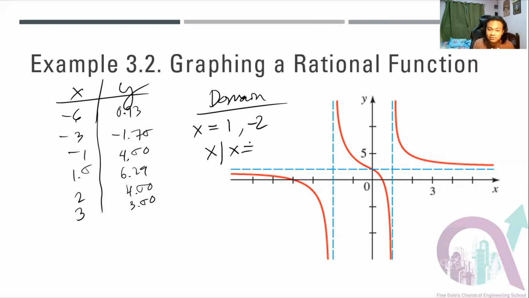In notation form, x is not equal to -2 or 1, our vertical asymptotes.